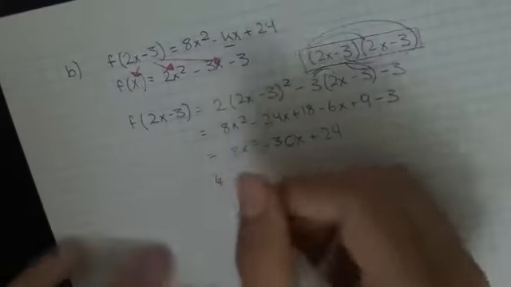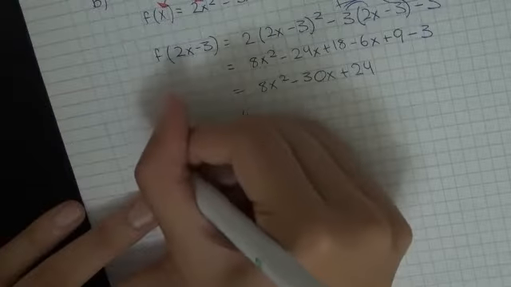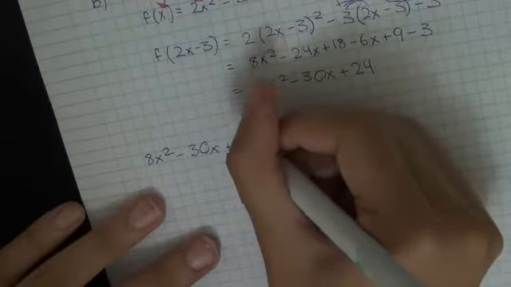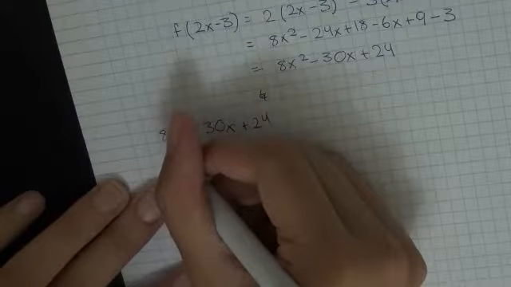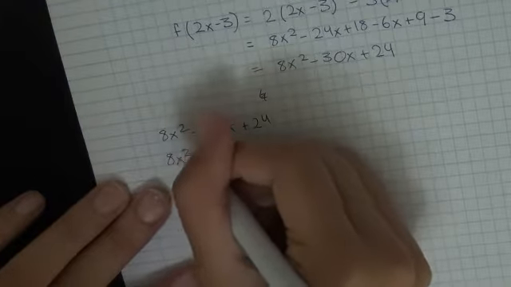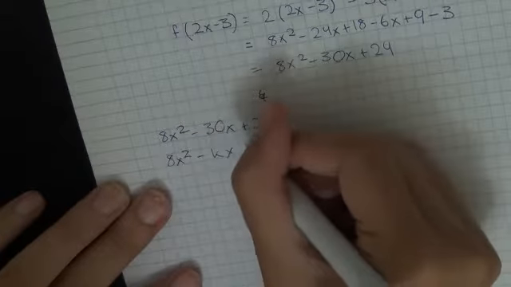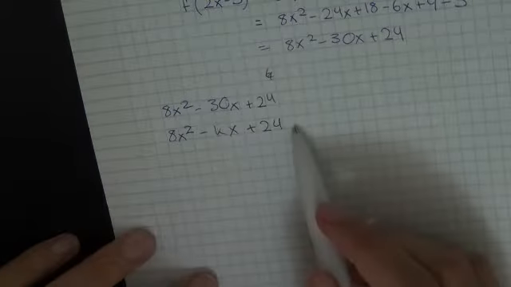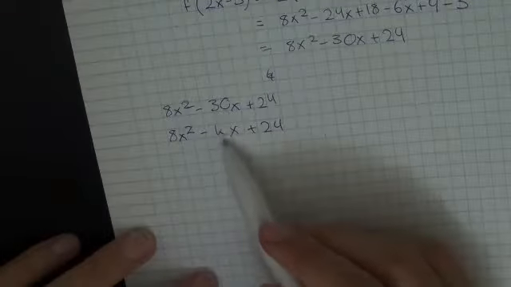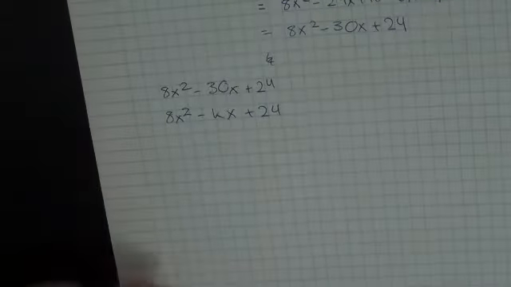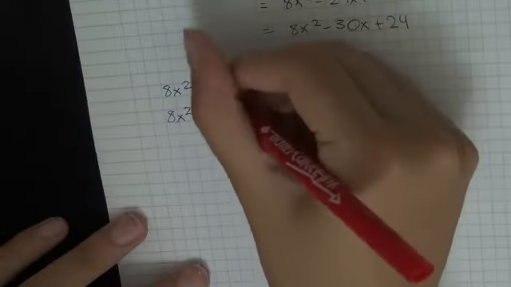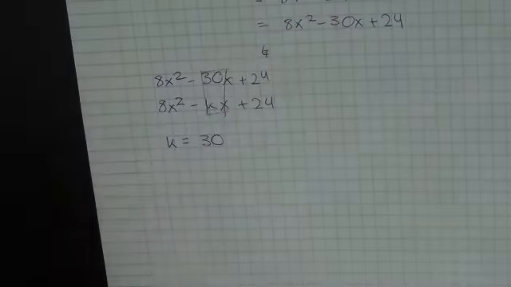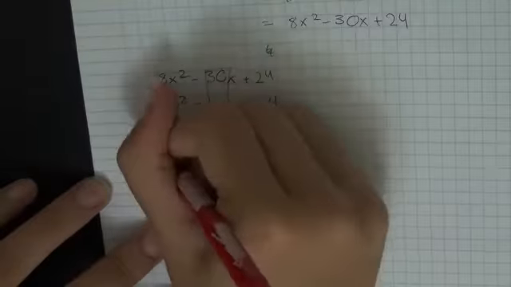So we compare what we got here, which was 8x squared minus 30x plus 24, and what the equation with the k was, which was 8x squared minus kx plus 24. And so we look at these like terms. It's basically the same equation, except now we know what the k is, which is 30, because they're the same equation, like that. And so, like this, we figured out what k is equal to.